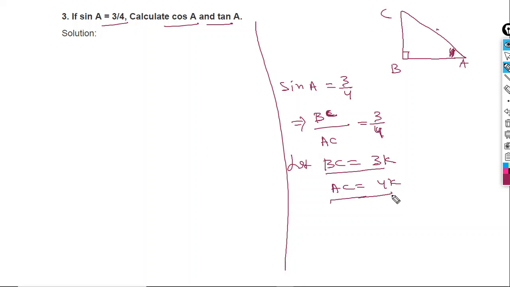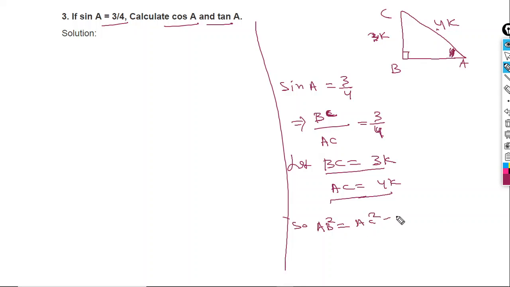Now we know the value of BC. Look at the figure. BC is equal to 3K and AC is equal to 4K. Now we can find the value of AB. AB square is equal to, you know that AB square equal to AC square minus BC square.